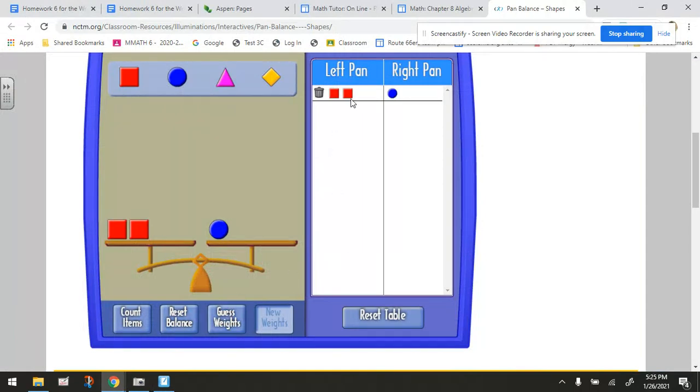By the way, we're probably not ready to guess the weights yet. So let's reset the balance and let's try some circles and maybe some diamonds. What's heavier? Well, it looks like this is heavier, this is lighter, so let's add some diamonds to that, and we have something that balances. Now, once it balances, notice that it populates over here as being an equation.